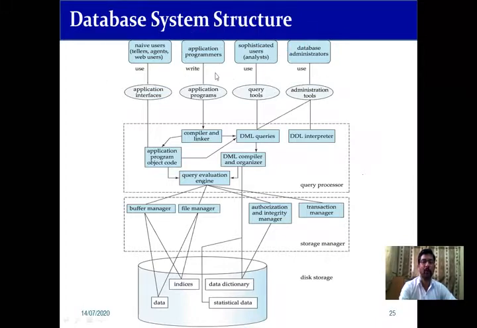Here four different users try to interact with the database system, or avail the services or facilities from it. The first is the database administrator, who uses different administration tools, because the DBA is the person having central control over the DBMS system, also called the owner of the database. This is the first component which interacts with the system.